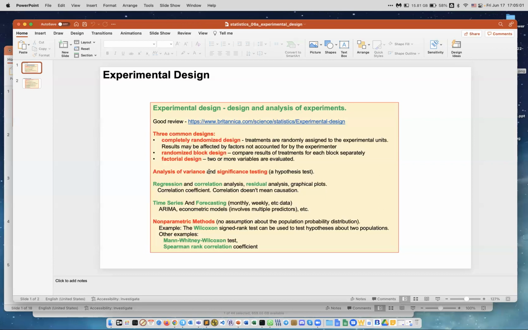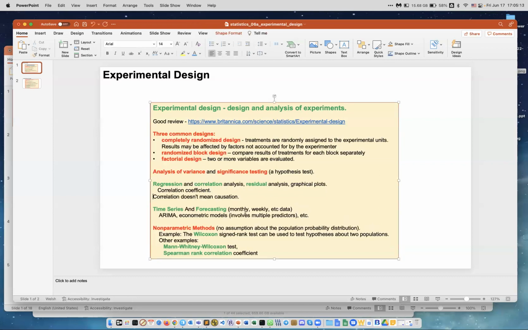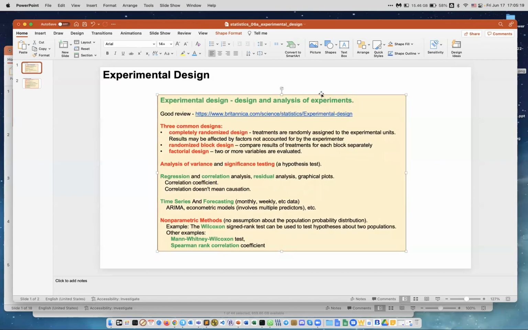Analysis of variance and significance testing, so hypothesis test. Regression and correlation analysis, the residual analysis, graphical plots, correlation coefficient. Correlation doesn't mean causation. So what I'm doing here, I'm just very, very fast showing terminology which people may use in experimental design when thinking about the experiments.